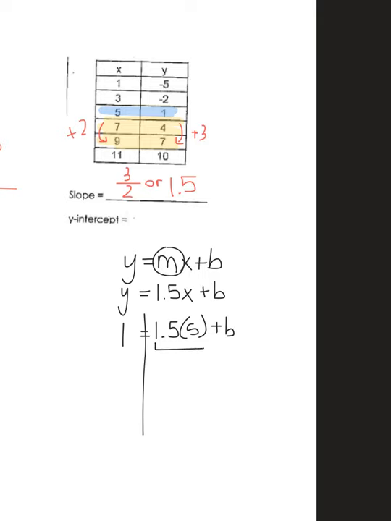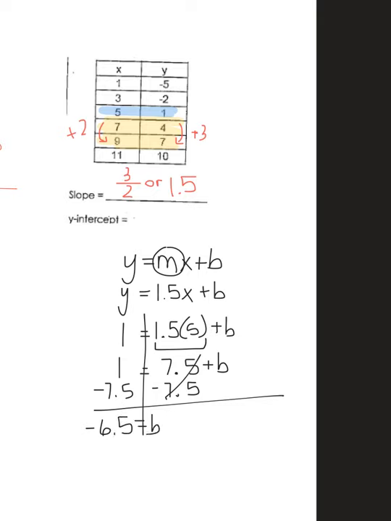Okay, calculate this, we'll bring this down. 1.5 times 5, that's 7.5 plus b, and subtract 7.5. This will give me -6.5.